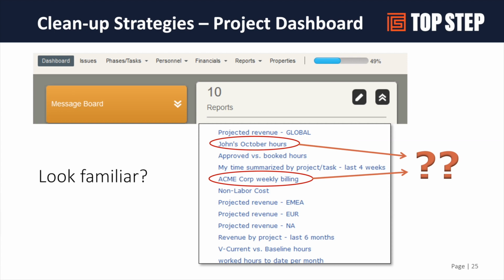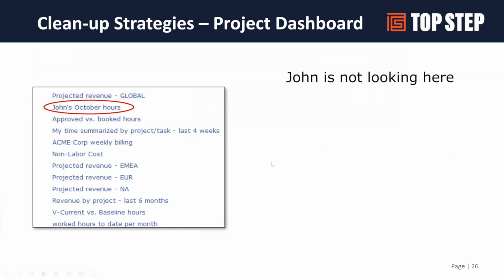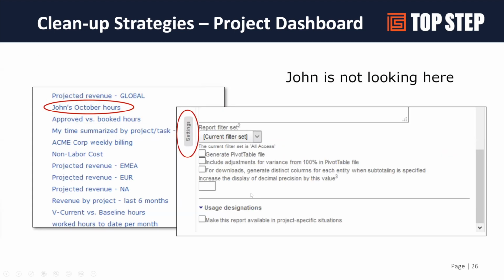How does John get his October hours report on this project dashboard? Well, what's happening is there is a checkbox that John's not looking for when he took a report that was published and he modified it to his own.